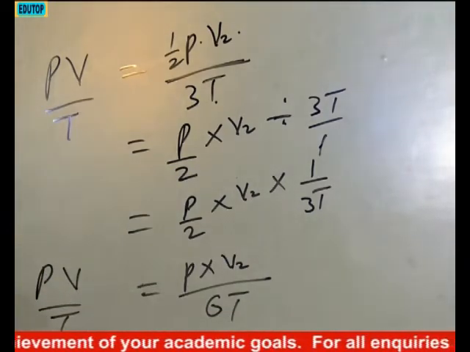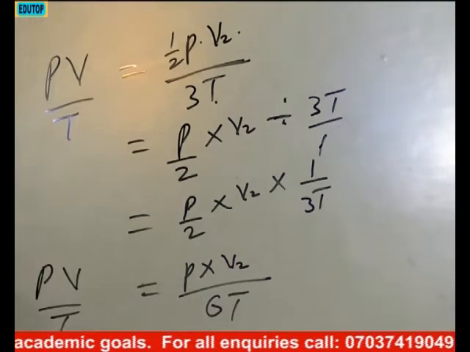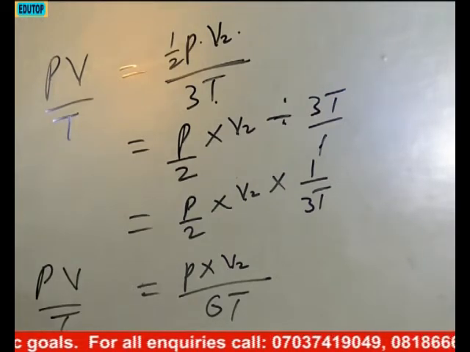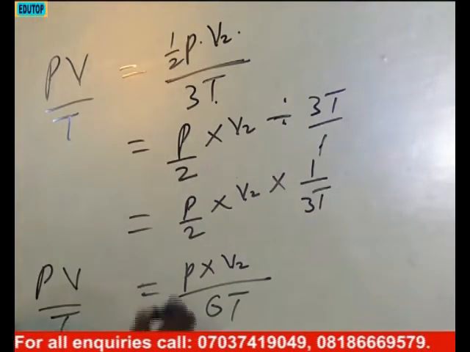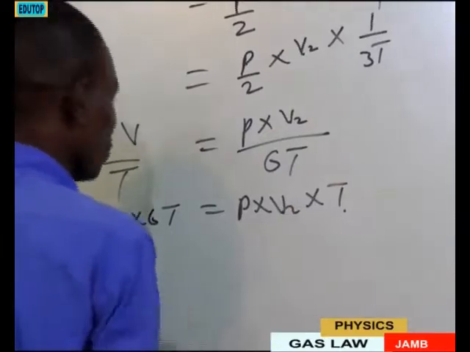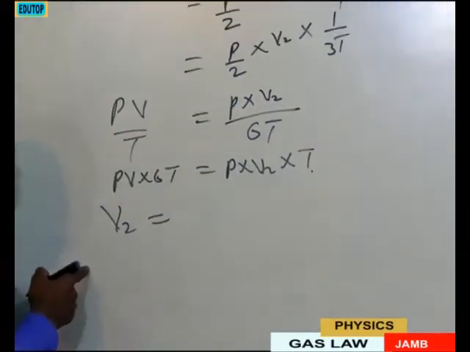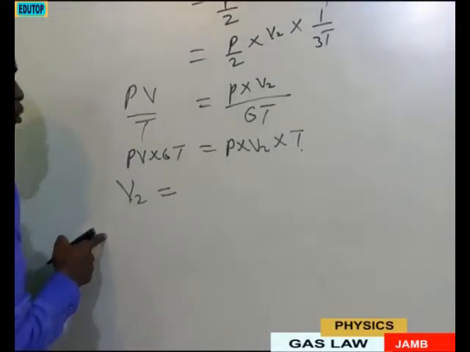We are looking for V2. Let's cross multiply. PV times 6 will be equal to P times V2 times T. Let's make V2 the subject of the formula.